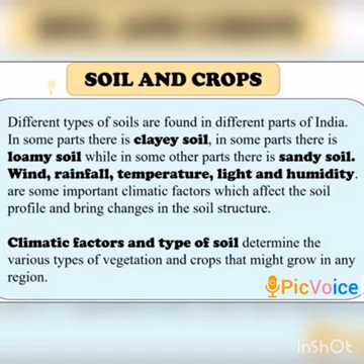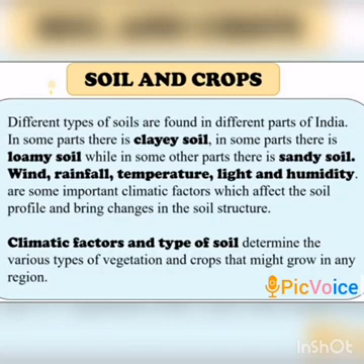The climatic factors as well as the components of the soil determine the various types of vegetation and crops that might grow in any region. Different types of crops are grown in different types of soil.